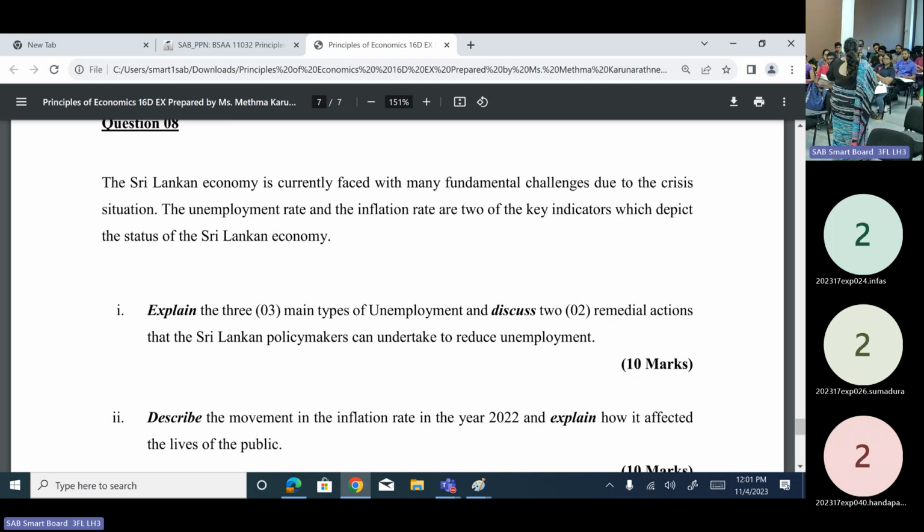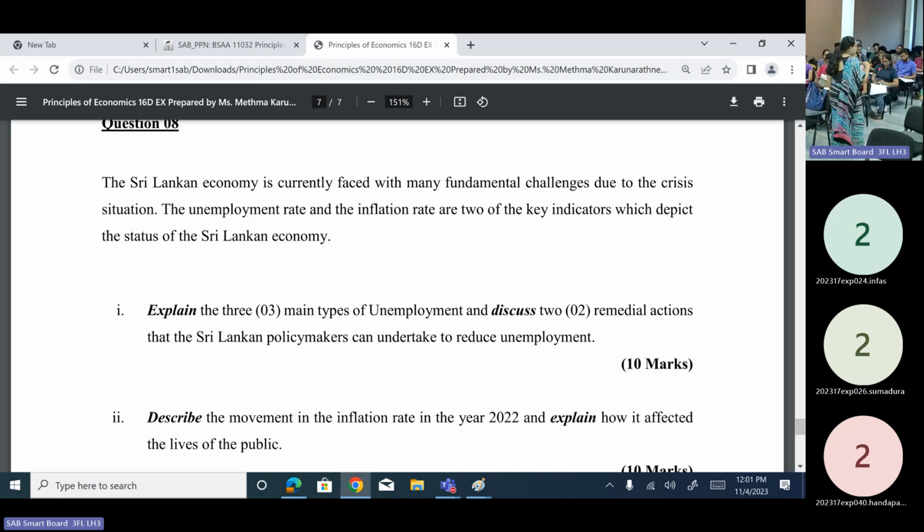Import restrictions, no forex, no production because there is no gas, no energy sources like fuel, no transportation. So supply side shortages plus excess demand created a huge inflation issue. Inflation rates went up to around 90%. 70% was common for the majority of the year.